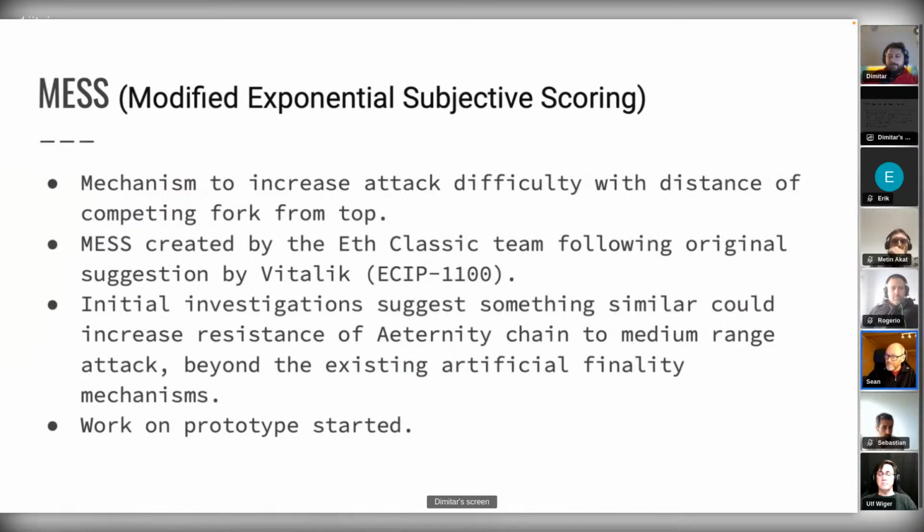Yeah, so as a core team, we're always looking at ways to increase the safety of the chain. One of the weaknesses of all proof of work chains is that they can be susceptible to a 51% attack. And that's true for Eternity as well. So one of the things we're now looking at is a mechanism which makes the typical 51% long-range attack much more difficult.